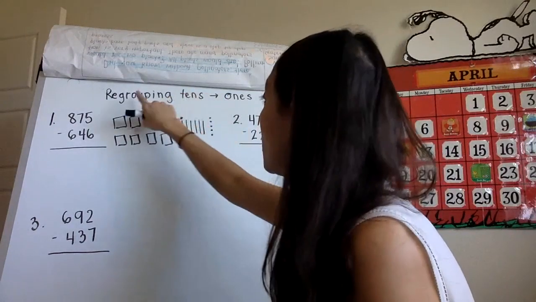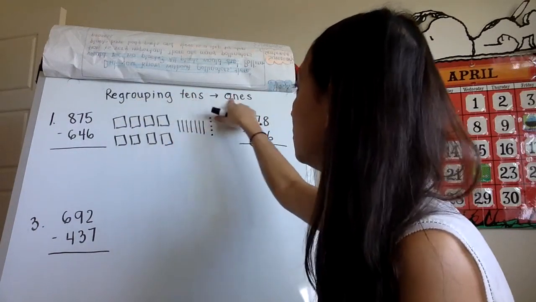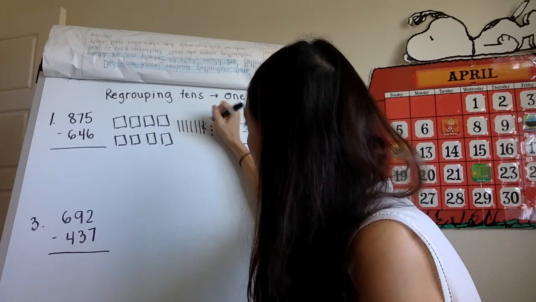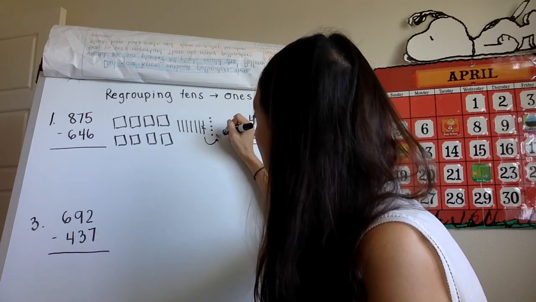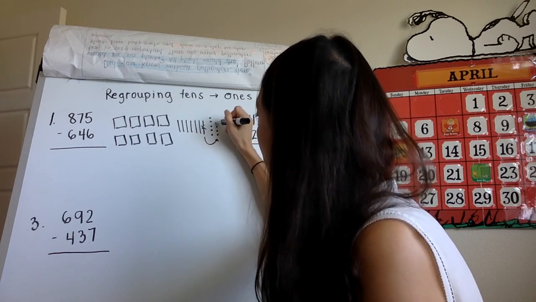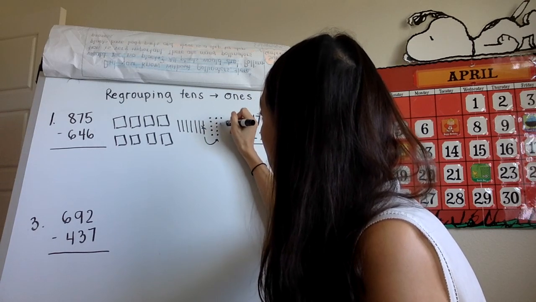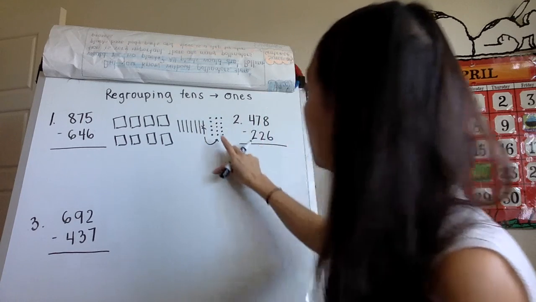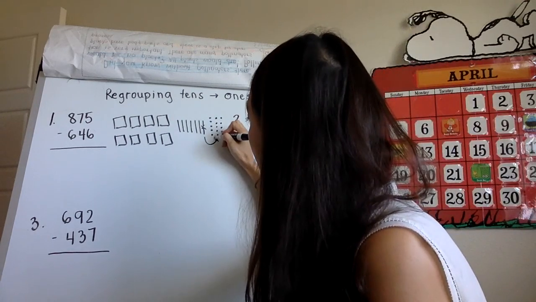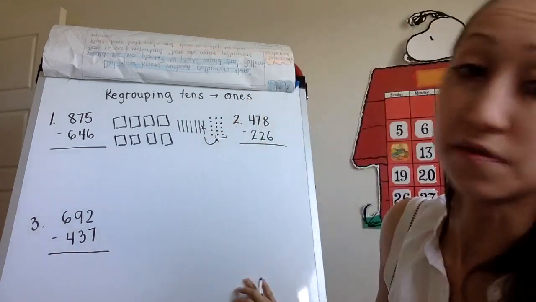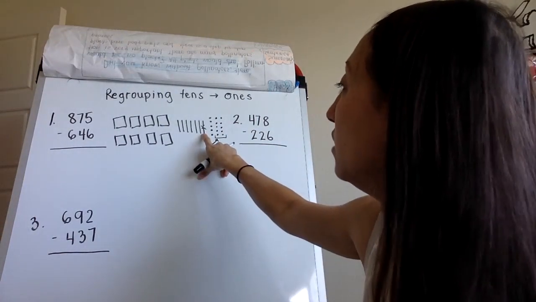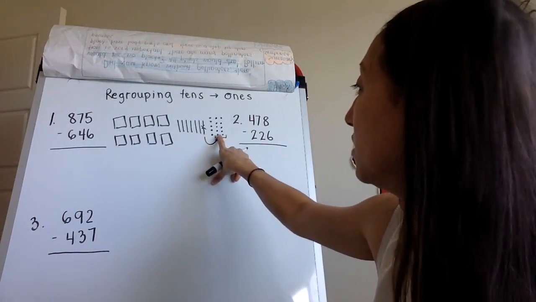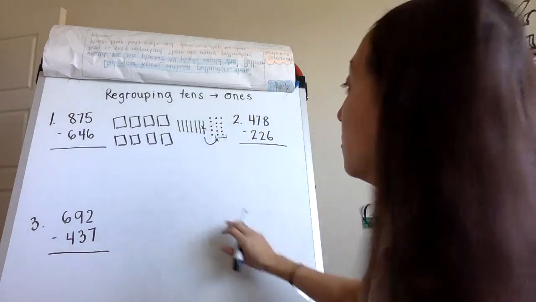So this is when I'm going to regroup tens to ones by taking a 10 and in its place exchanging it for 10 ones. I'm going to draw a little bracket around my even exchange. So I took away 1 ten, and in its place I put 10 ones, okay?